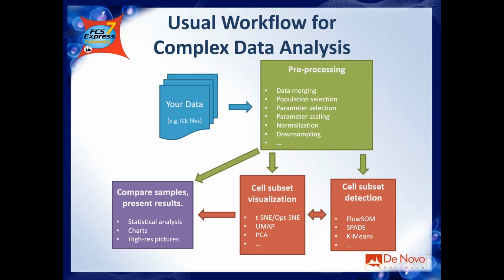You need to select the parameters. Usually in imaging data you have a lot of parameters, but maybe they are not all useful for the calculation that you are going to implement. So you need to select parameters. You need to scale parameters. This is really important. Maybe you also want to normalize them.